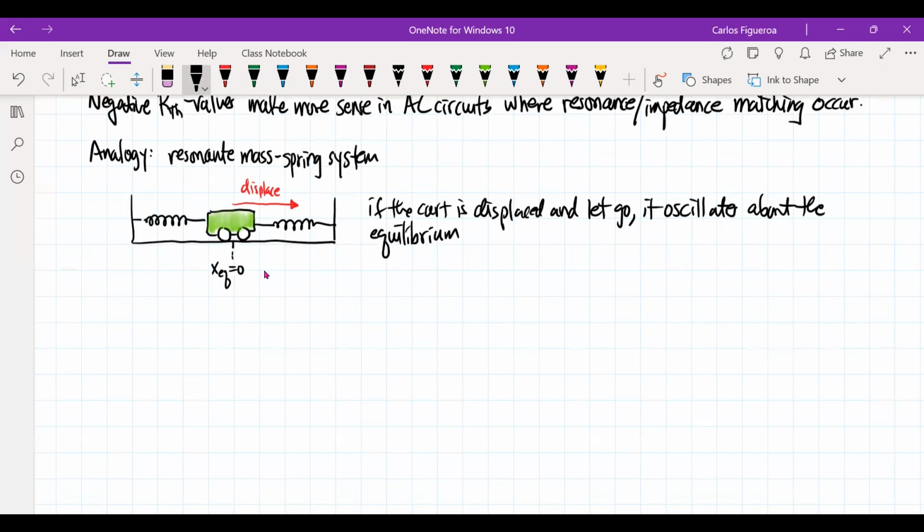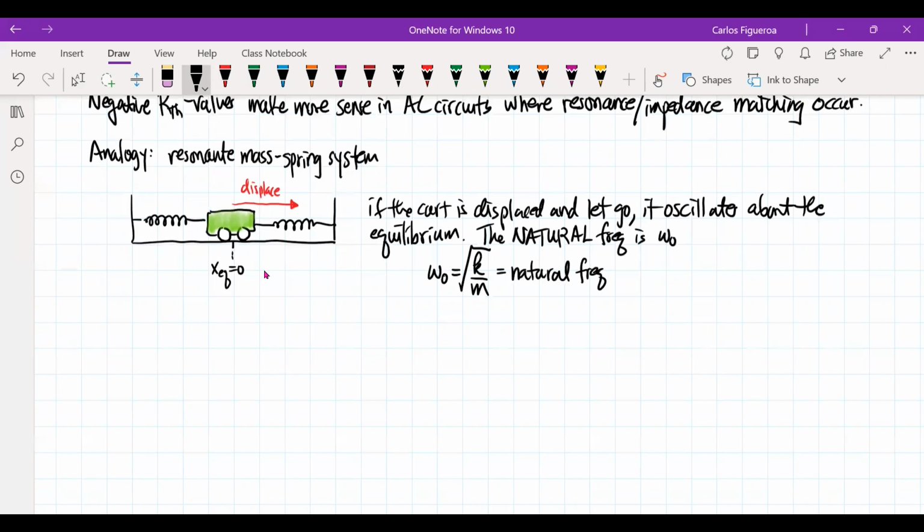Right? It has simple harmonic motion. Its natural frequency is omega naught. In other words, omega naught is related to the spring value and the mass times the square root, and this is what's called the natural frequency.